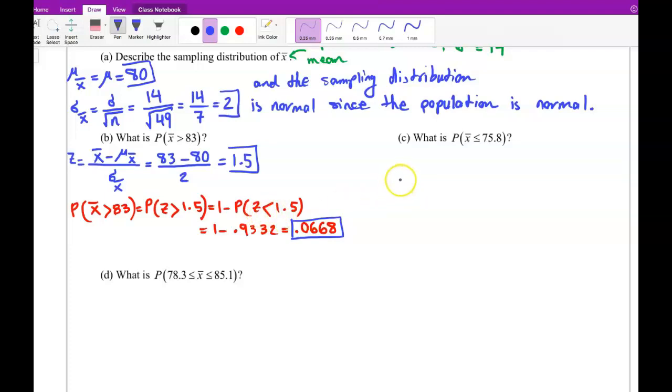Now part C, do the same thing. Since here is x bar, first step, find z.